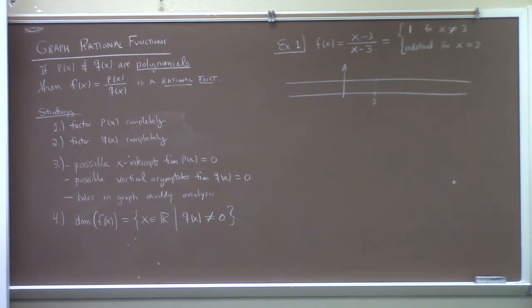Those places where the denominator is 0 are either going to be a hole in the graph, like example 1, where the denominator is x minus 3, so the domain is everything except x equal to 3. And there's no vertical asymptote for example 1.